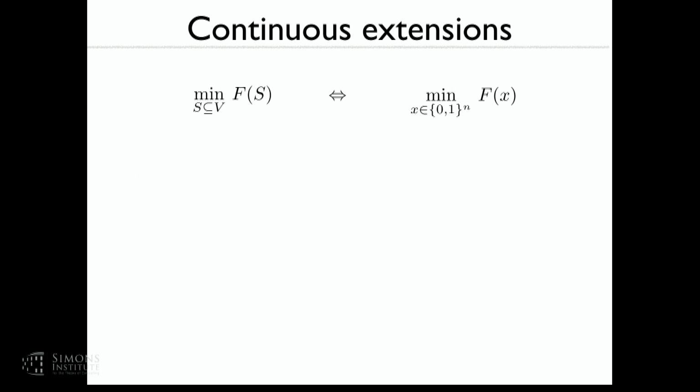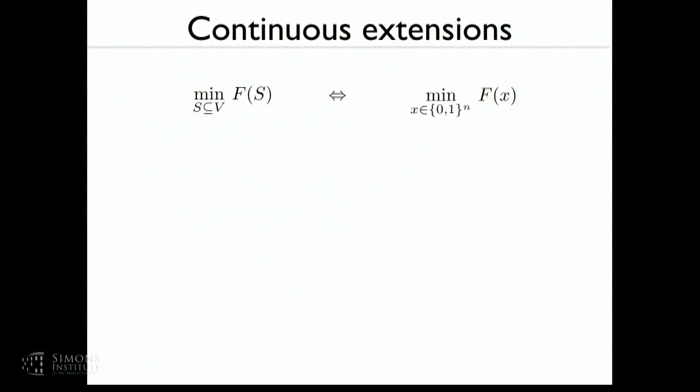Well, one way is to do an LP relaxation. But there's basically not an easy way to write this problem as some kind of c transpose x, because F is nonlinear. In very special cases it is linear, but mostly, if you have these strict diminishing returns, it's not going to be a linear function, so you're not easily going to get this out.